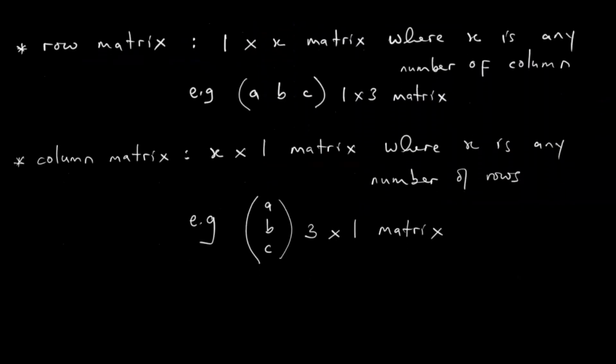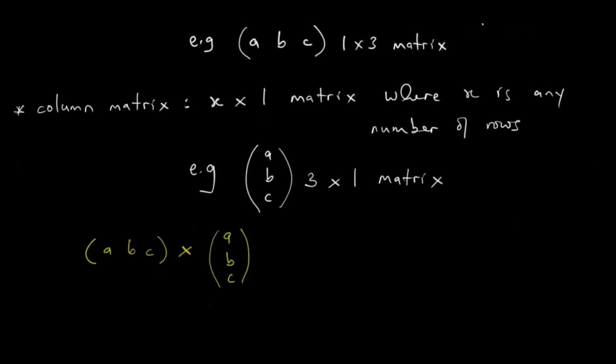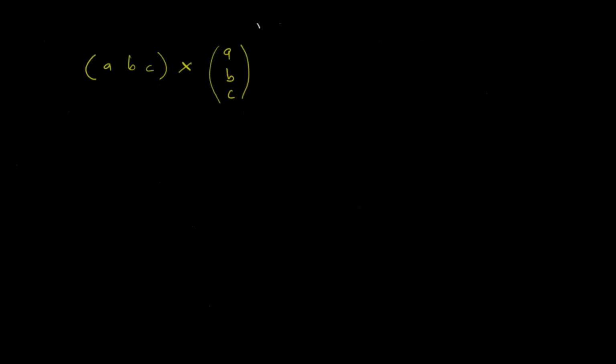Let us exemplify with the 2 matrices we have looked at so far, the row matrix and the column matrix. So multiplication yatoda kuita panapa. We want to multiply that row A, B, C by the column A, B, C. That is what we want to multiply.